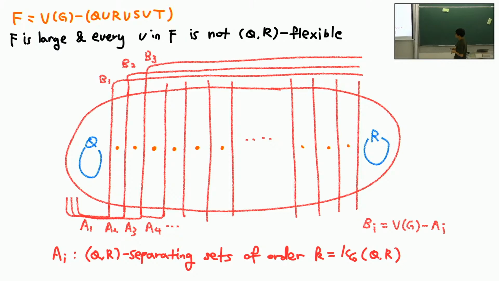So we find a nested sequence of QR separating sets of order K, where K is the connectivity between Q and R. A1 is here, A2 is here, A3 is here, A4 is here, and so on. And for each i, let Bi be the complement of Ai.